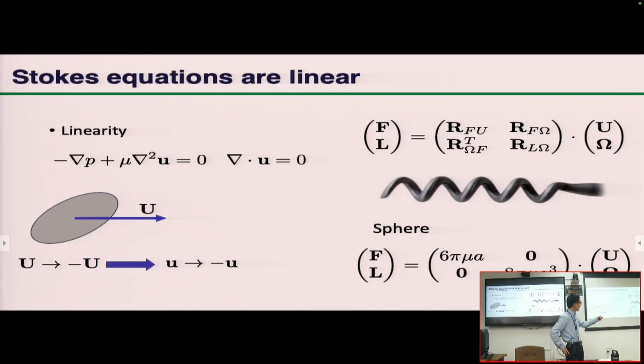These tensors are functions of the geometry of your object. If you know the geometry, in principle, you can calculate these terms. Of course, in practice, computing them numerically can sometimes be tricky. This is a single particle in Stokes flow.